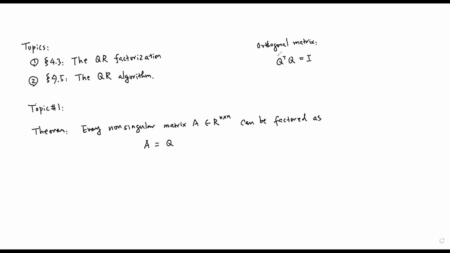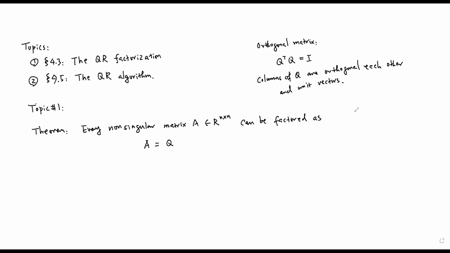The properties of Q are that the columns of Q are orthogonal to each other, and the norm of each column is 1, so they are unit vectors.